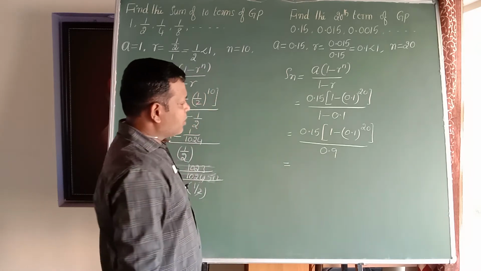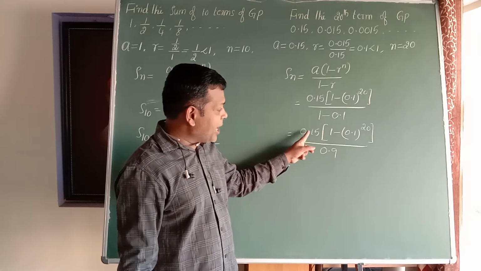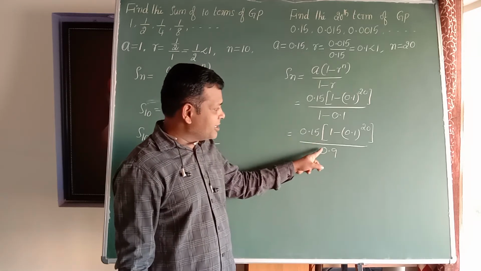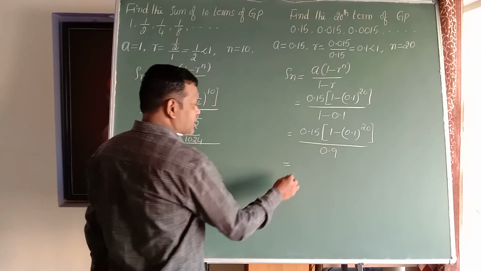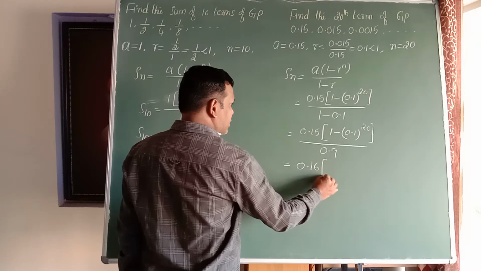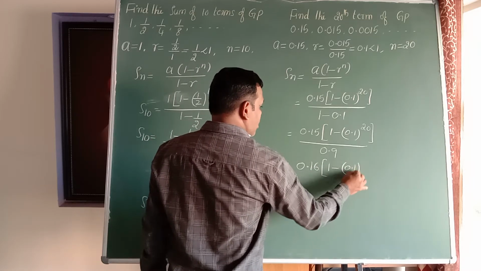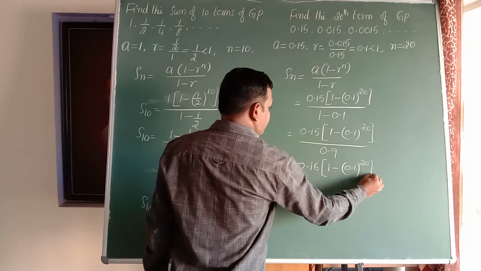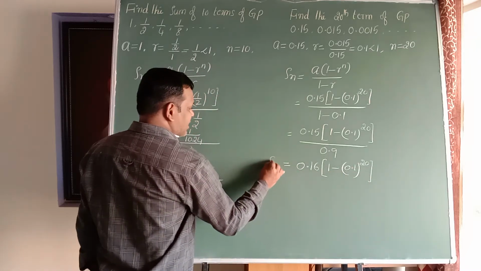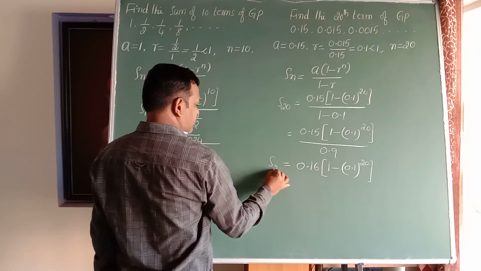So we have to divide 0.15 by 0.9, into 1 minus 0.1 whole power 20. This is Sn, nothing but S20.